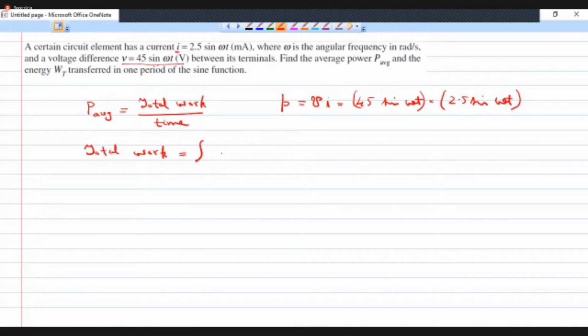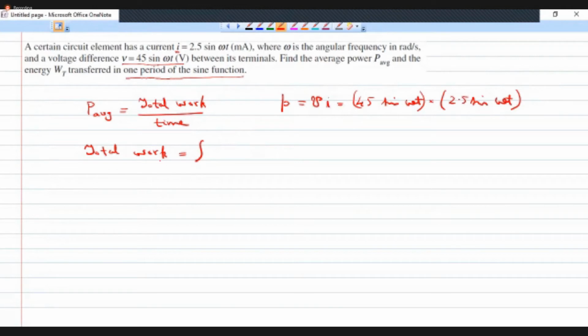Now we can integrate this instantaneous power for the time of the entire cycle. We are asked to find the power transfer for one period of the sine function. So the time period is one full cycle, 0 to 2 pi.